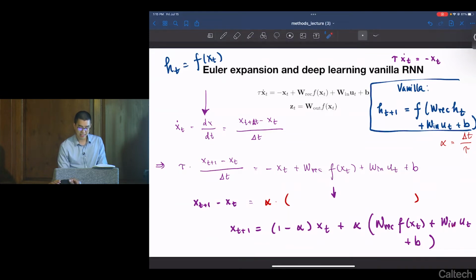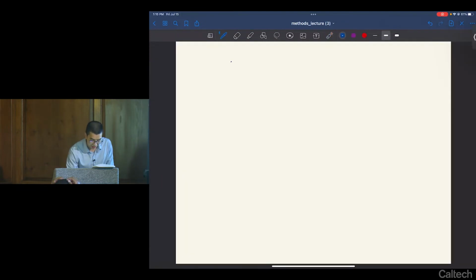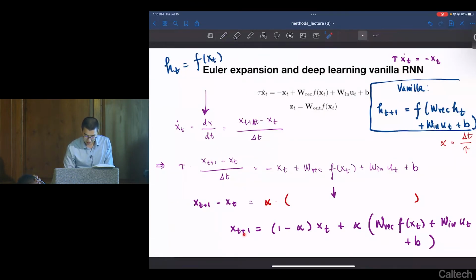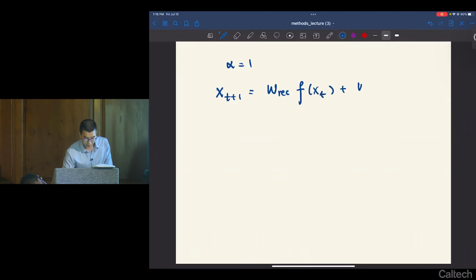Right? So if alpha is set equal to 1, then this term goes away, and we are left with, let me just add another page. When alpha is equal to 1, we have the left-hand side x of t plus 1, and then because alpha is equal to 1, this term will disappear, and I'm just going to be left with this term on the right-hand side. And so if alpha equals 1, we're going to get x of t plus 1 equals w recurrent times f of xt plus w in ut plus my biases.